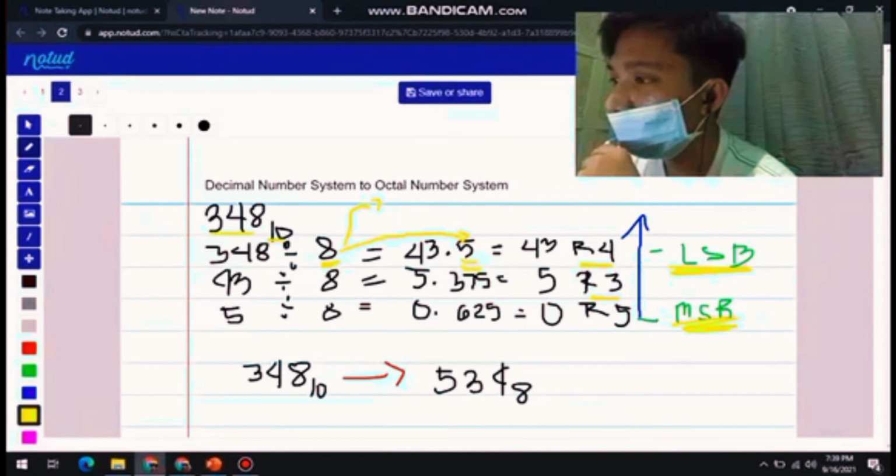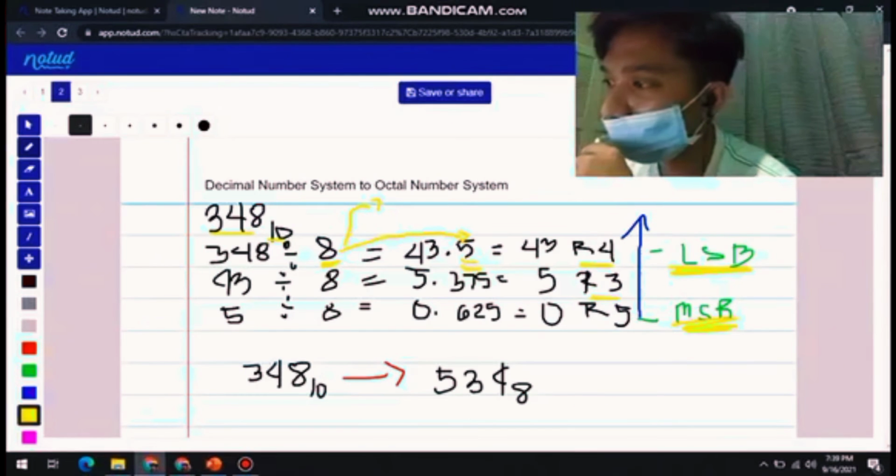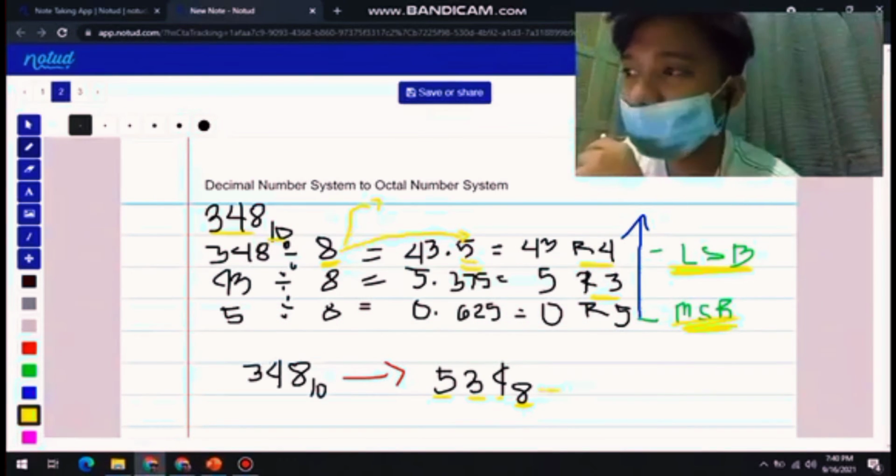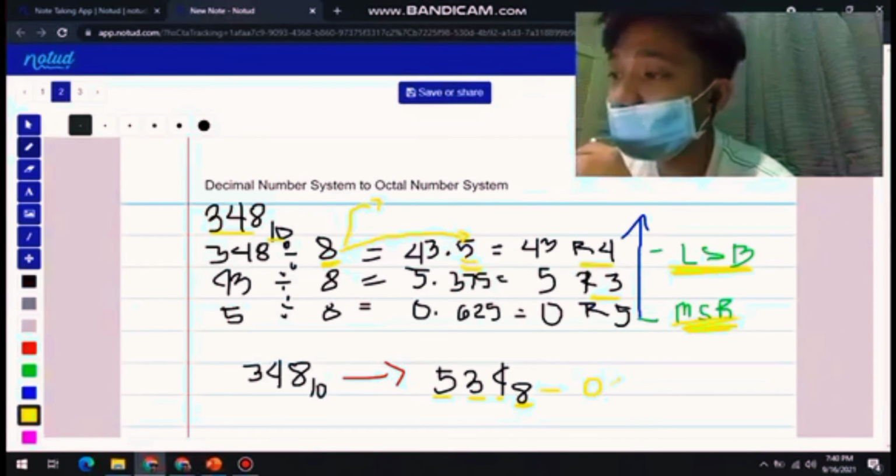So now after we get the answer, we'll read this as 534 with a base of 8 because it is now octal number system.